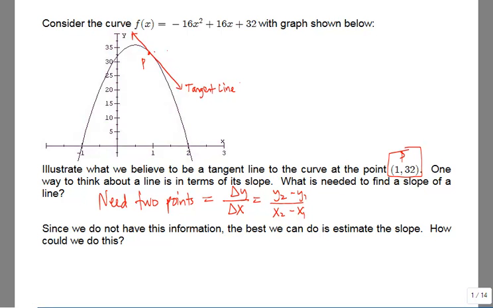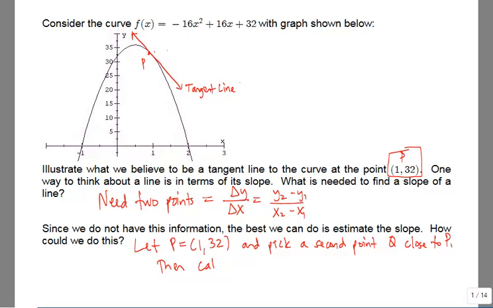So we're going to let our point P be this (1, 32), and then we're going to pick a second point, which I'm going to call point Q, that's close to P. And then we're going to calculate the slope between these 2 points, P and Q.